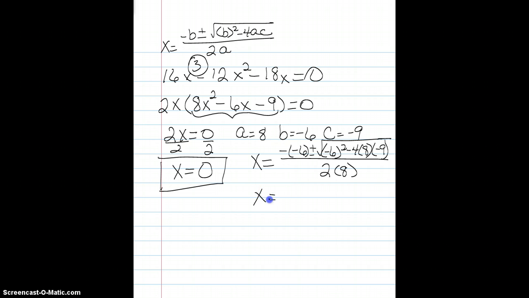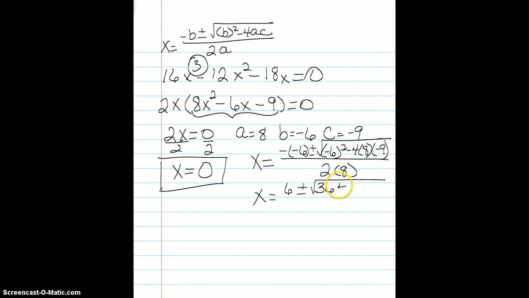So x is equal to positive 6 plus or minus the square root of 36 minus 4 times 8 times negative 9, which is negative 36 times 8, which gives me negative 288.